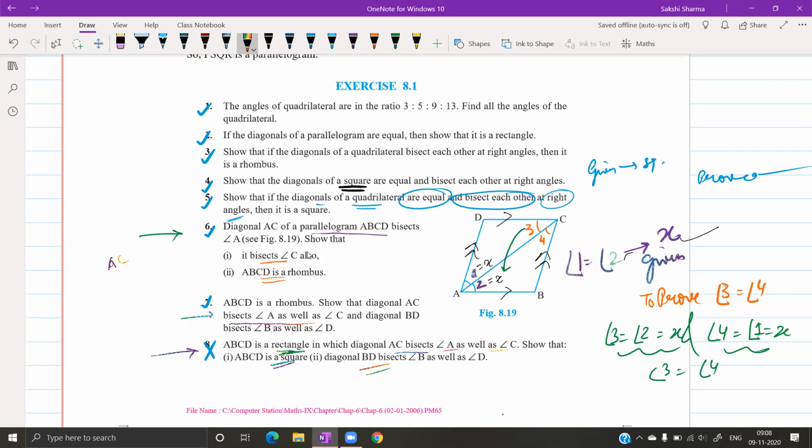So this is a little modified question formed by combining 6th and 7th question. So 6th and 7th की modification है 8th question. If you want, you could try this on your own. Let's do 7th part.